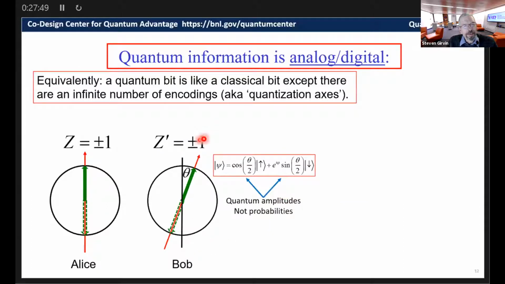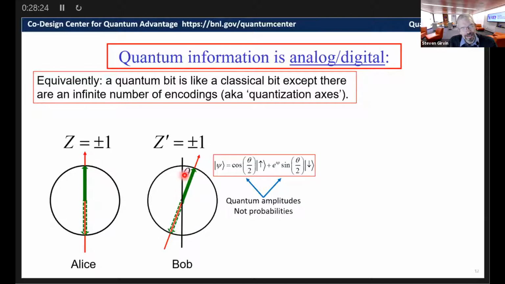Another way to say this is that here's Alice, and she chooses a preferred axis, physicists call a quantization axis, to define her two basis states, z equals +1 and z equals -1, like ground and excited state of the atom. But Bob has freedom to choose out of a continuum of directions to align his measurement apparatus.